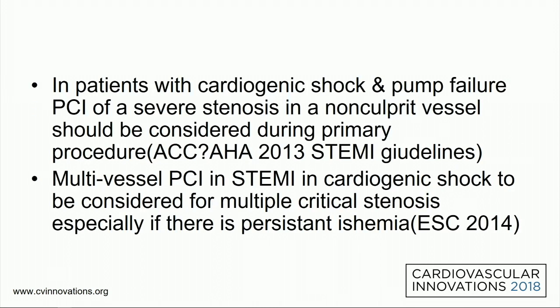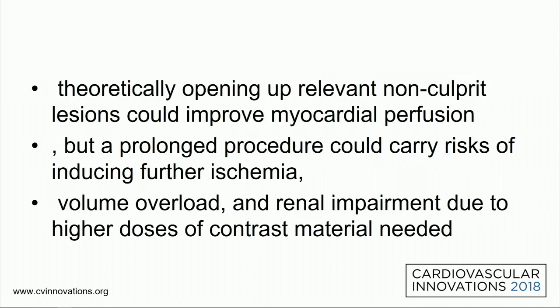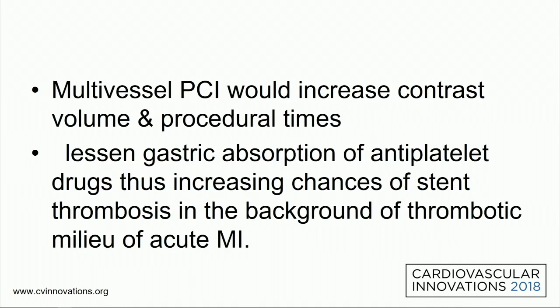Both the ACC-AHA 2013 guidelines as well as the ESC 2014 guidelines say that when you have cardiogenic shock and pump failure, it's better to do multivessel PCI. But again, it has its problems, because when you use a lot of contrast, you prolong the procedure, and final results are often not so good.